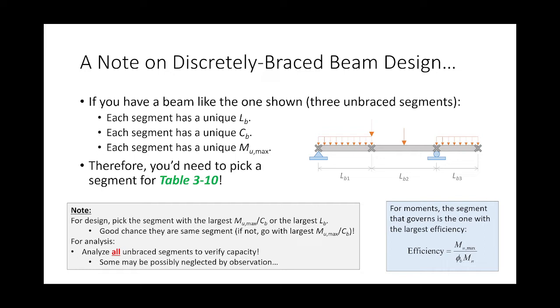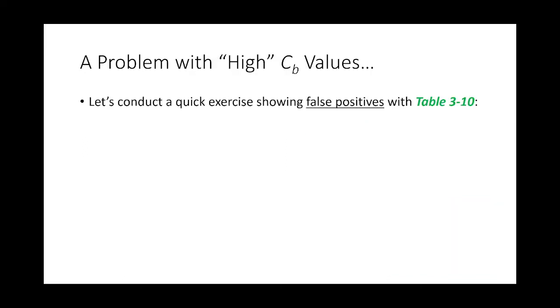For instance, if you look at a beam like this with 3 segments, and the 3rd segment has the shortest LB, the highest CB, and the lowest moment, it's not going to govern, so you don't even need to look at it. But when in doubt, just look at them all. Okay, does that make sense? Okay, I figured it would. That's just sort of a formality.